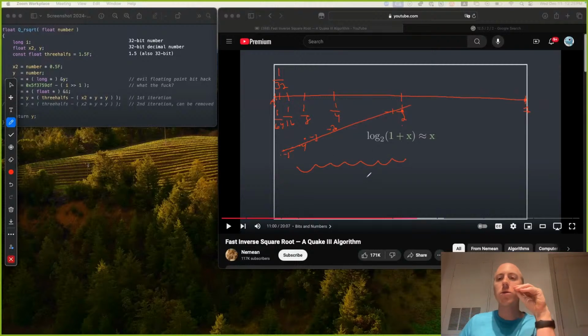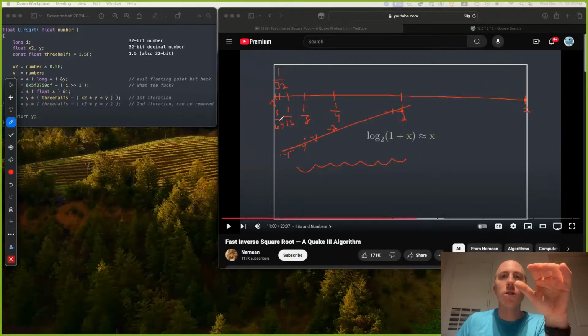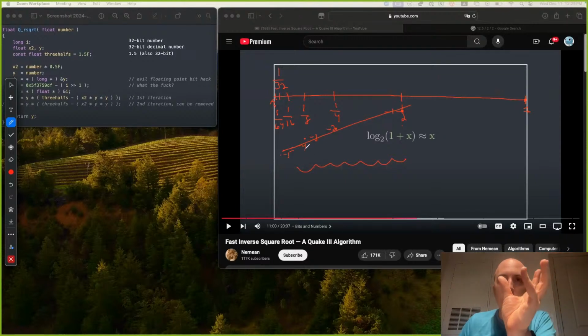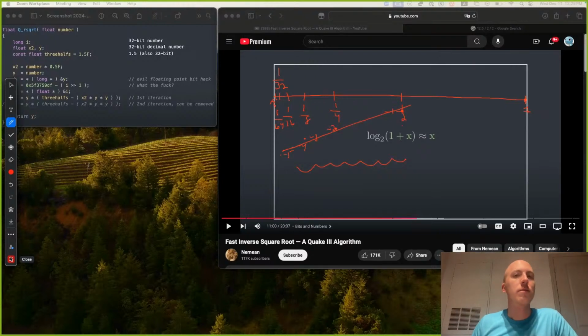And every time you zoom in further and further, to 1 over 128, 1 over 256, 1 over 512, 1 over 1024, 1 over 2048, you're just going to keep seeing a line, and you just keep zooming in and zooming in. It's pretty weird.